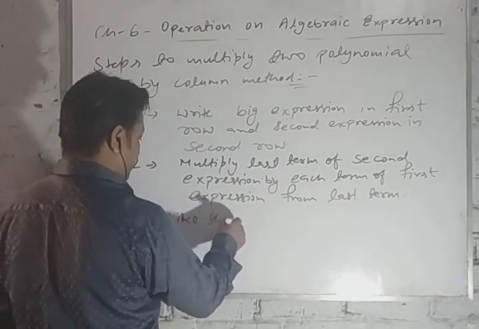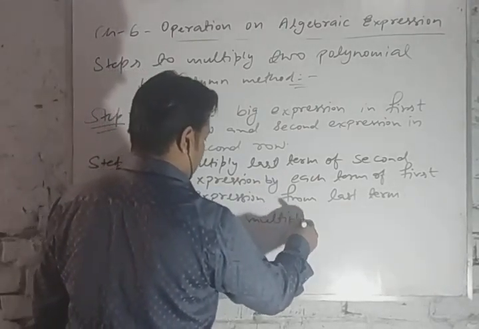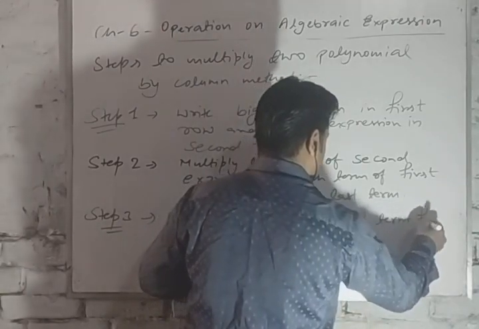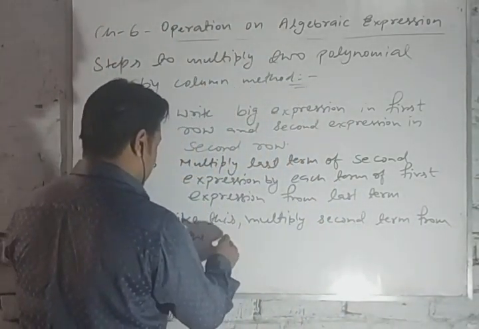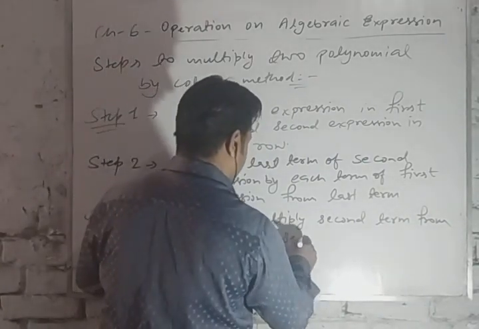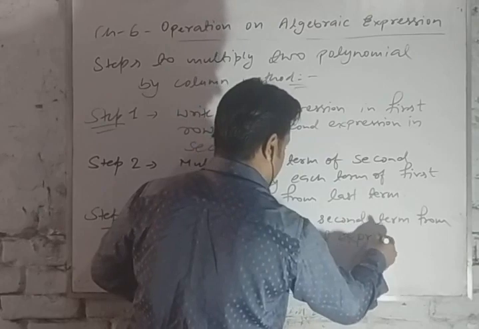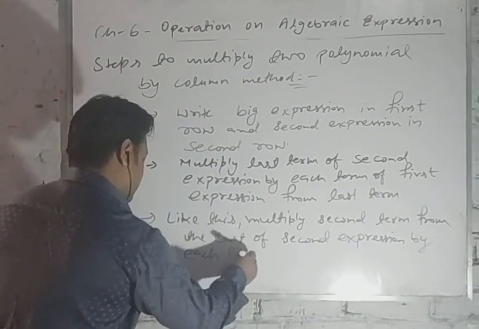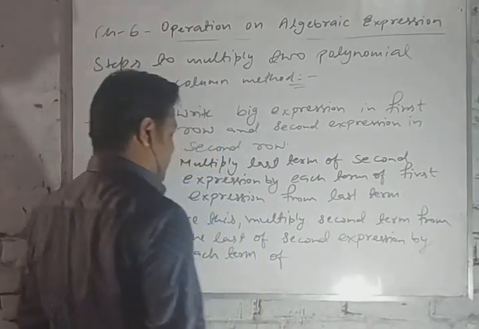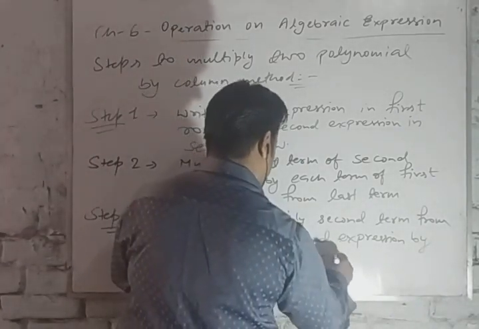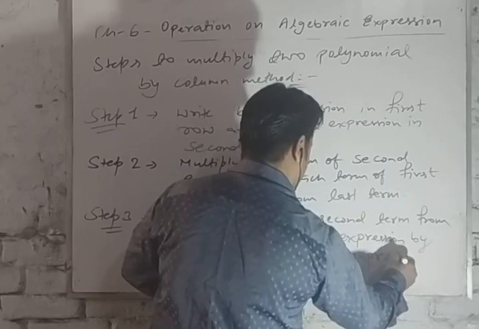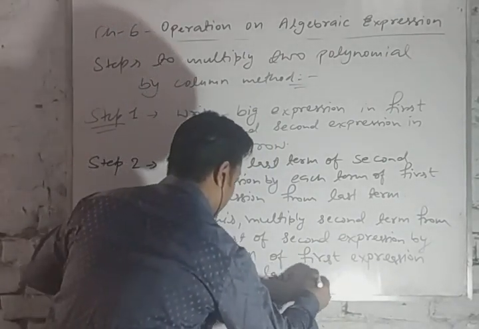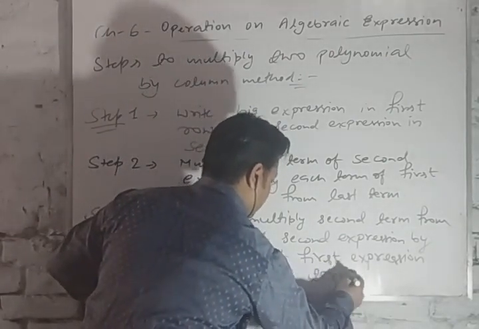like this, multiply the second term from the last of the second expression by each term of the first expression from the last term.